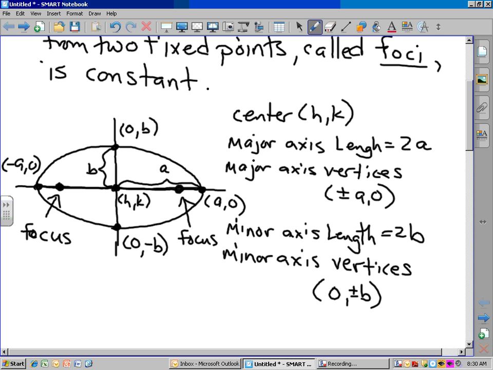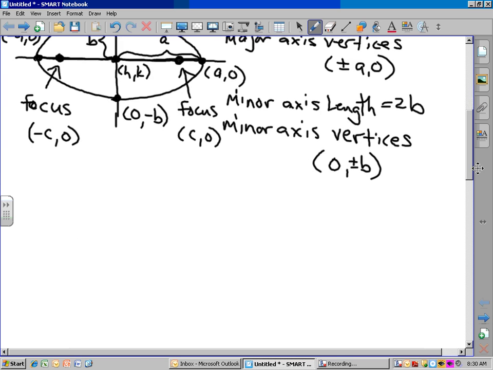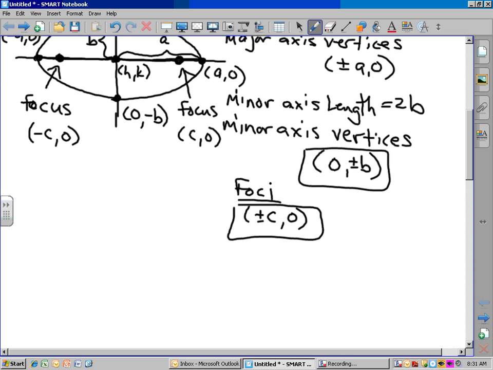Now, those are labeled with c. So, in this case, it will be (-c, 0) and (c, 0). So the focus points, or foci, are plus or minus c, 0. So all of those are very important.